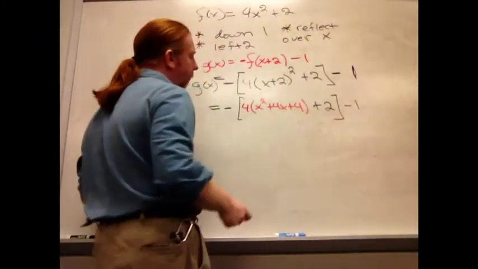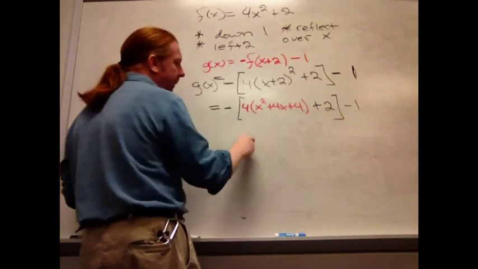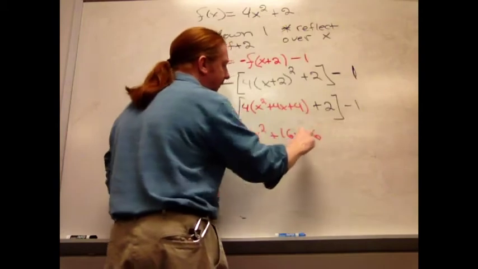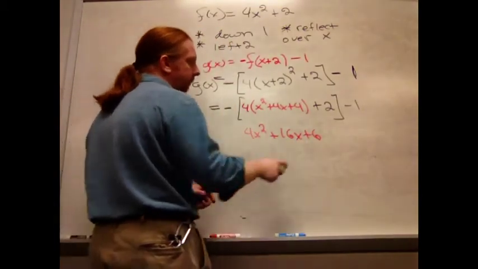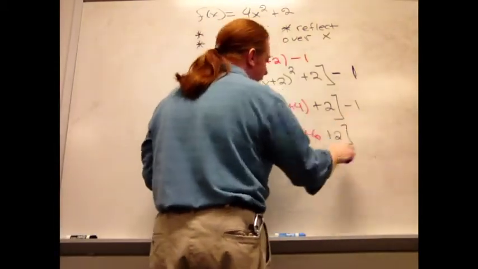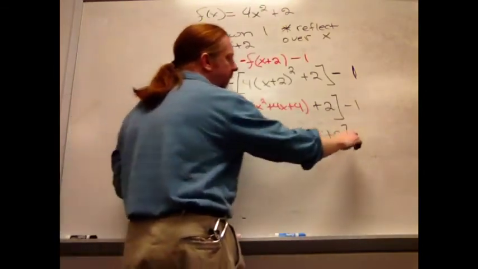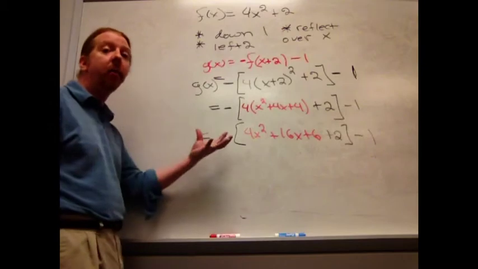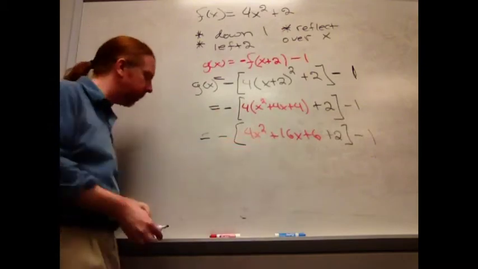Now, let's distribute. So inside here, that's going to become 4x squared plus 16x plus 16 plus 2, brackets, negative, minus 1. And as you can see, I'm working my way out from the core.